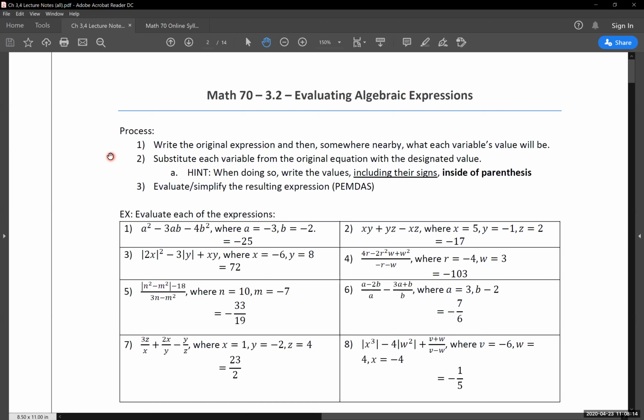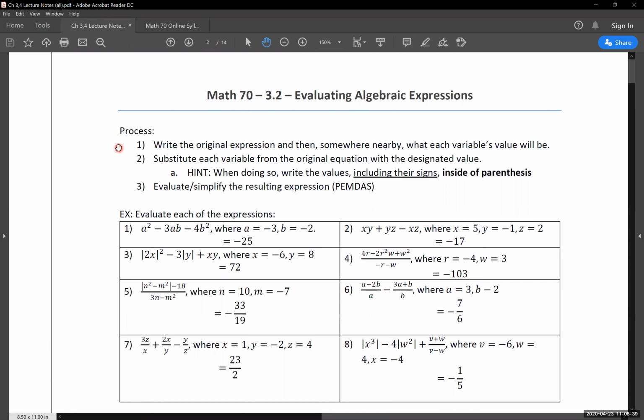So first things first, I highly recommend above all else when you're doing these problems, actually write out your work on a piece of paper. Some people like to use whiteboards for this. That's fine. Do whatever works best for you, but actually write out what you're doing over anything else. So first step, write the original expression and then somewhere nearby what each variable is going to represent as a value.